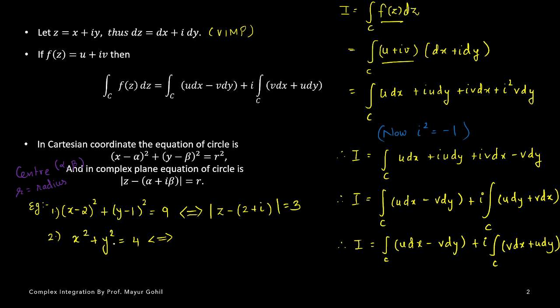So origin is the center over here, so basically it will be z minus 0 comma 0, that is 0 plus 0i, so that is mod z over here, and you have radius equal to 2. So mod z equal to 2 is the equation of the circle in the complex plane.